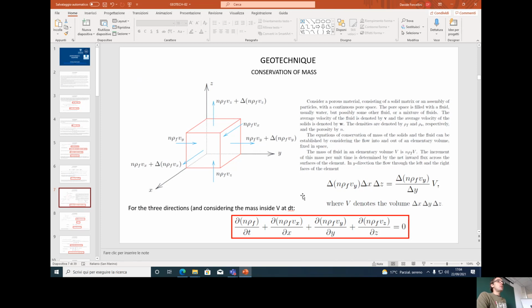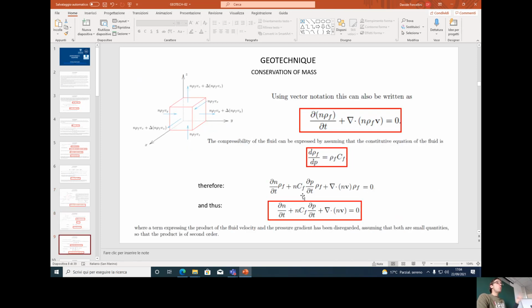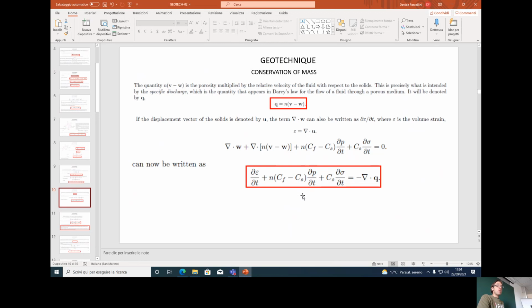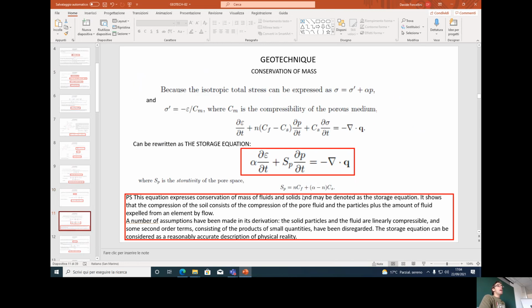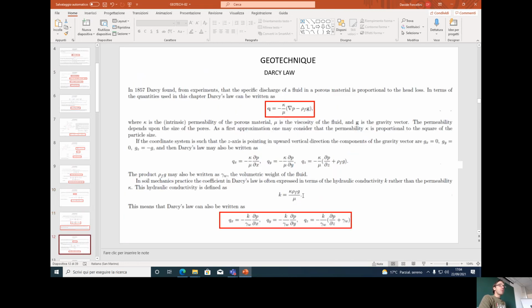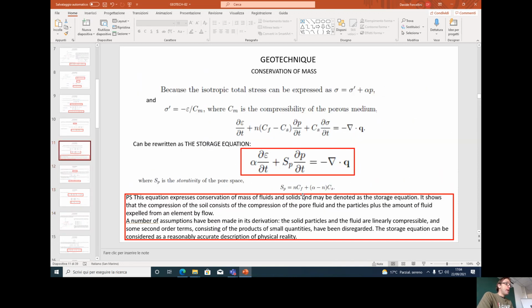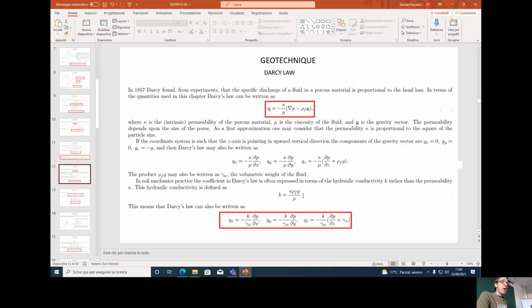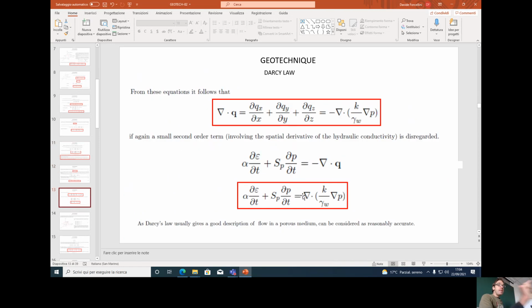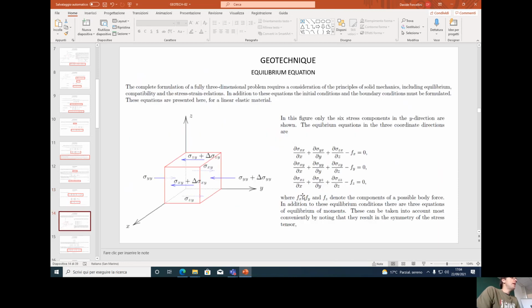Then we considered the conservation of mass, and we introduced inside the conservation of mass this formulation, the Darcy law, in order to obtain a very interesting storage equation, that is this one. This is the storage equation where the Darcy law is introduced.